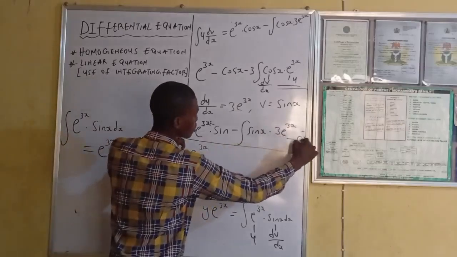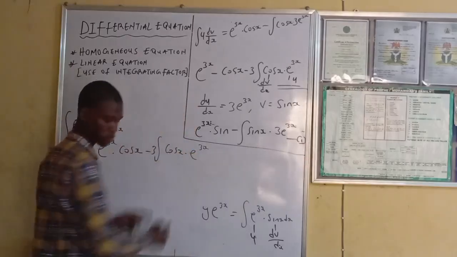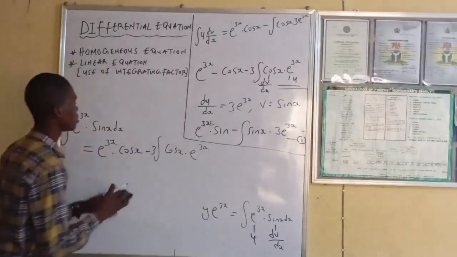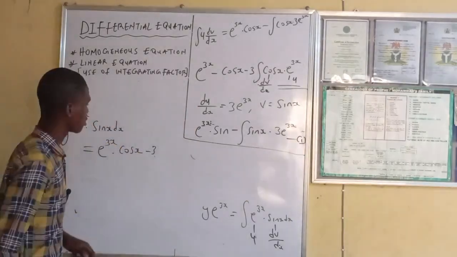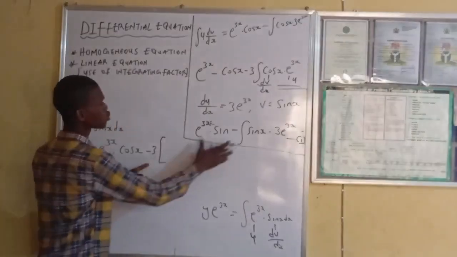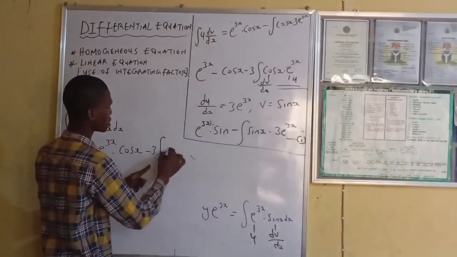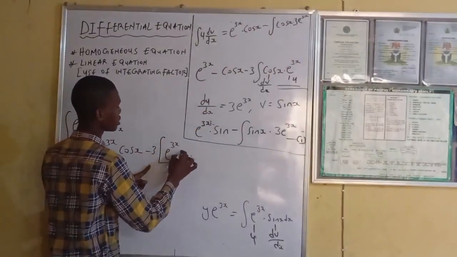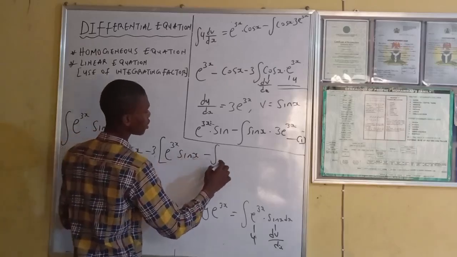So we can just bring this answer. Let me call this equation 1. We can bring equation 1 into this place. Substitute equation 1 here. Then it means that we have an open bracket, we are substituting equation 1 for this integral form. Open bracket, exponential 3x sine x minus integral.